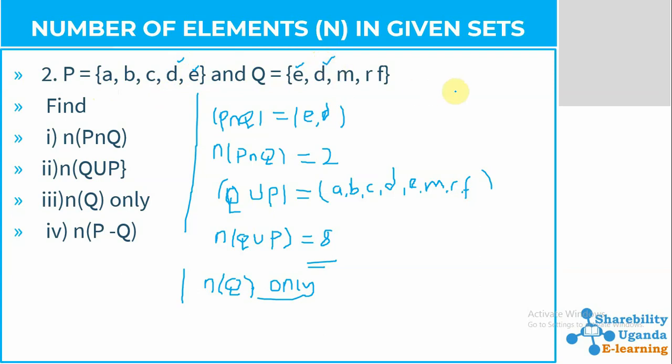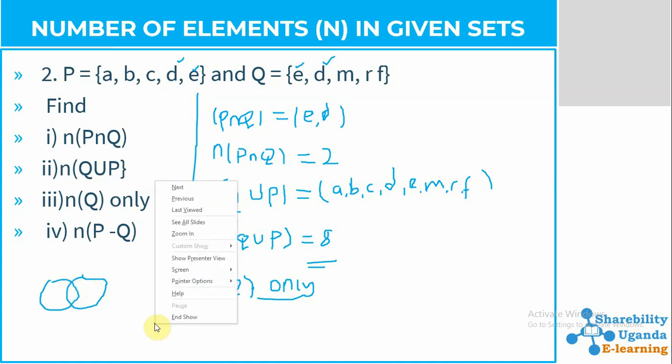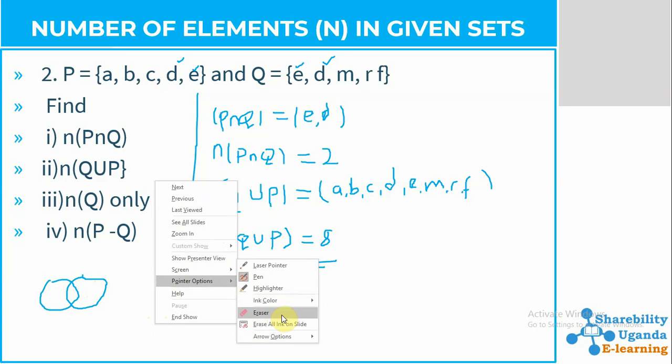So if this was our set, to clarify it more, we could have our D. Okay, let me get another color.